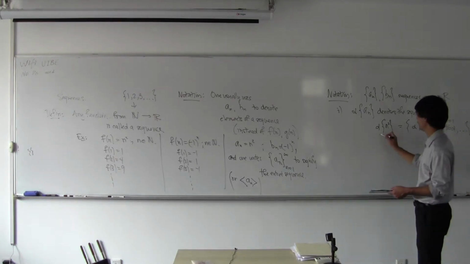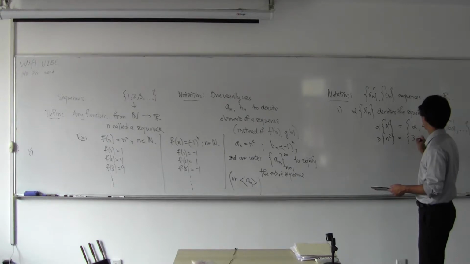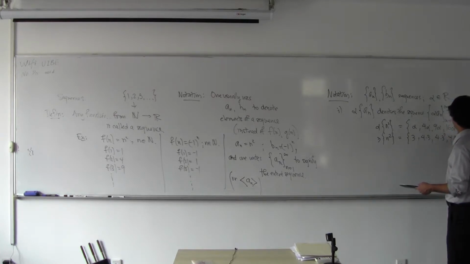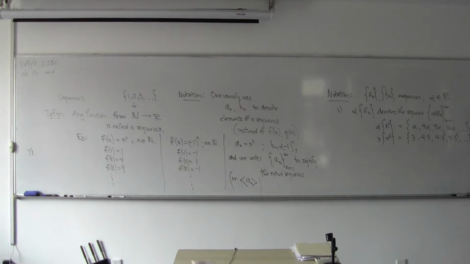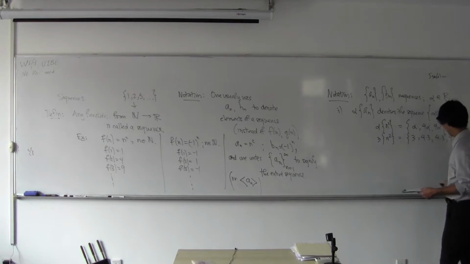So alpha is some number. So if I say like 3 n squared, then that's going to be 4 times 3, 4 times 3 squared, 4 times 3 cubed, etc. Okay, it's just like function notation.